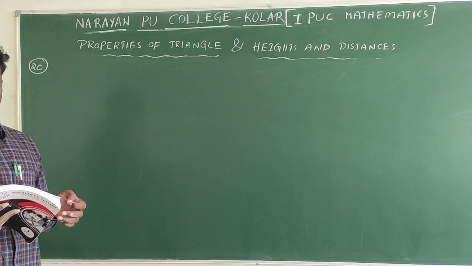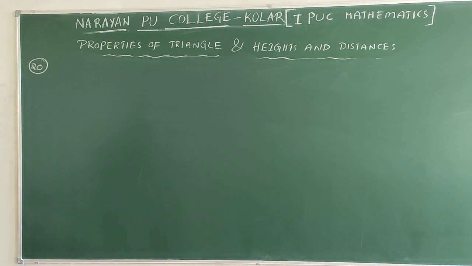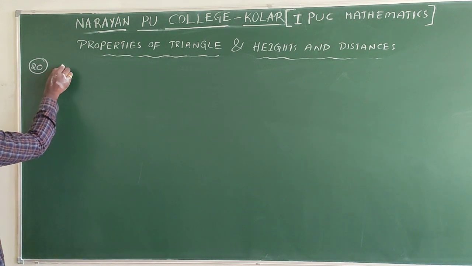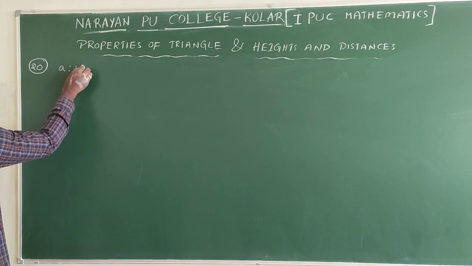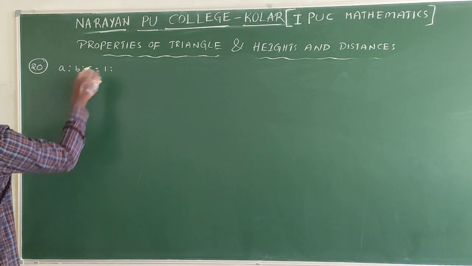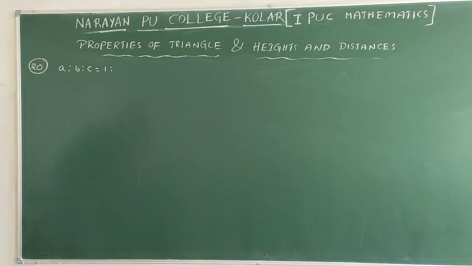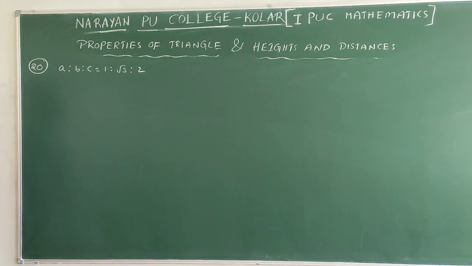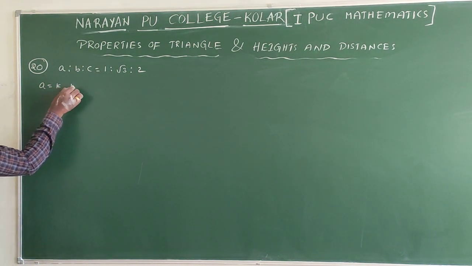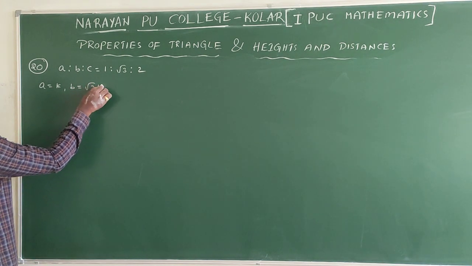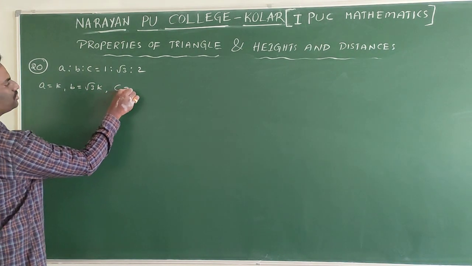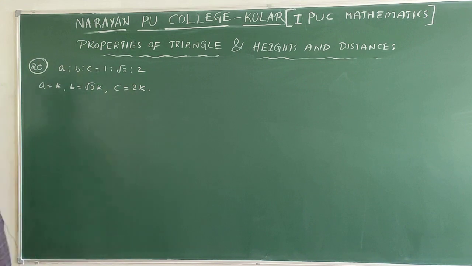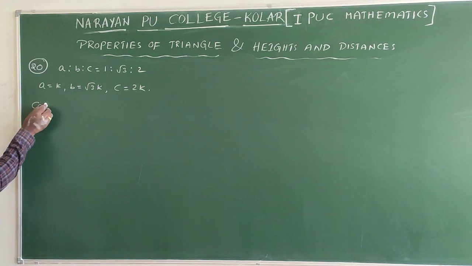Then the angles of the triangle are in which ratio? a is to b is to c is equal to 1 is to root 3 is to 2. So the sides are in the ratio. From this I can write a is K, b is root 3 K, c is 2K. We need to find the ratio of angles. I am finding cos A by using the cosine rule.